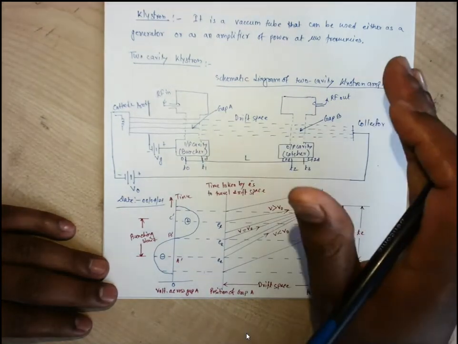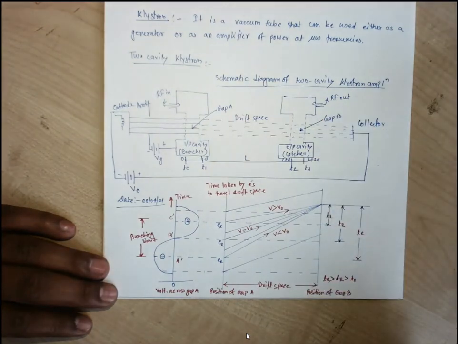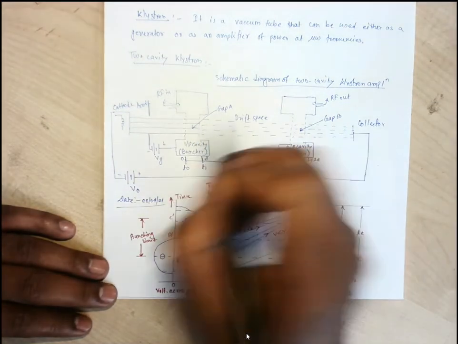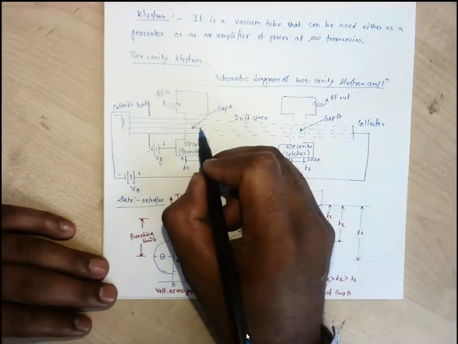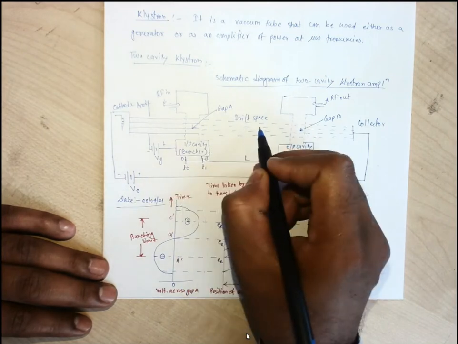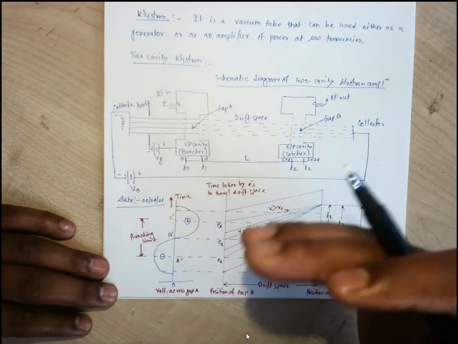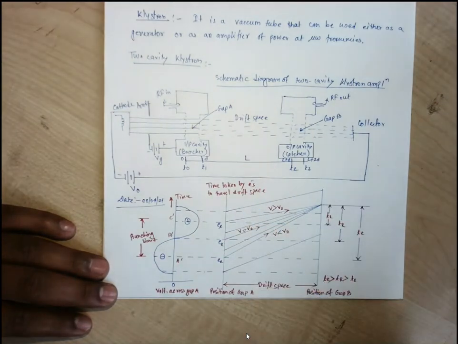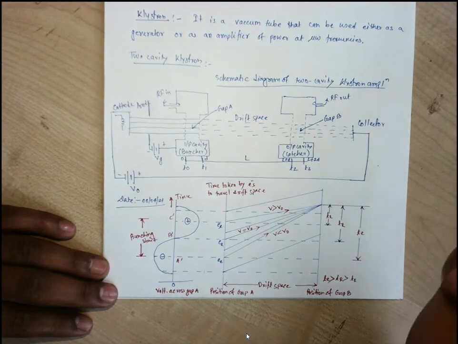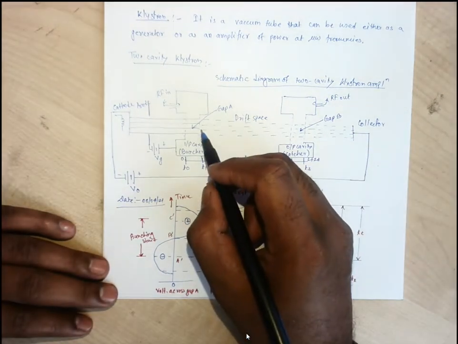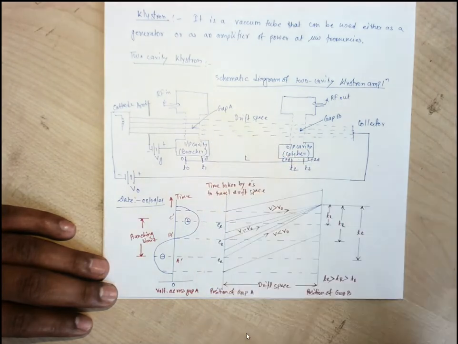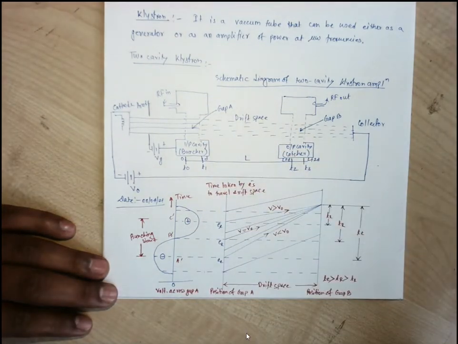Now when the reference electron appears, its velocity is higher than the early electron's, but it appears after the early electron. So when they are moving in that drift space, the reference electron can move at a comparatively higher velocity. Now when the third electron comes, it has the highest velocity among all three of them, but it appears last.